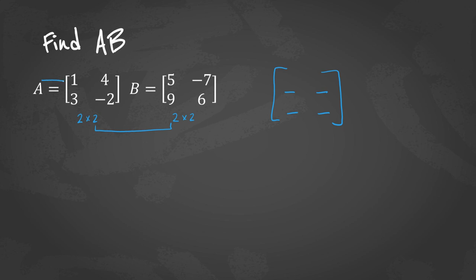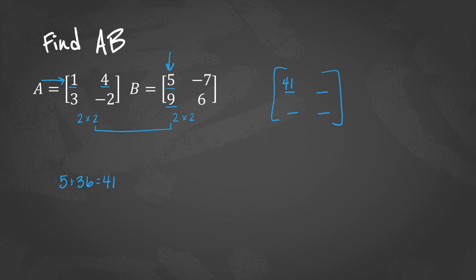I'm going to multiply the first row by the first column. Meaning I'm going to take 1 times 5, and I'm going to take 4 times 9, and I'm going to add them together. That is my top row, left column, okay? Pause and think about that for a second. See if that makes sense.